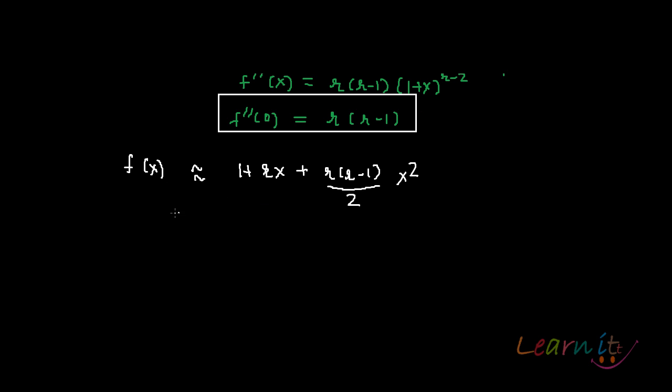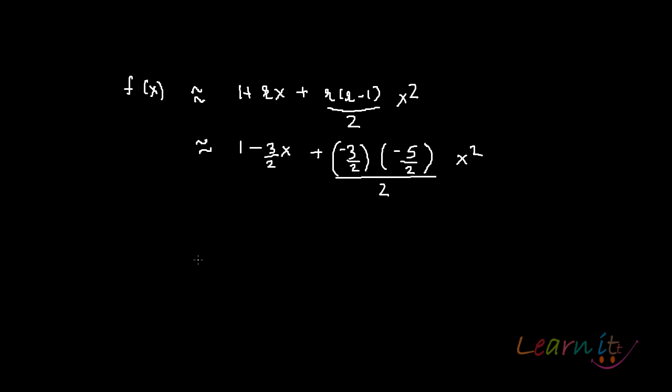So, now feeding in the values, I get 1 plus rx. So, what is r? r is minus 3 by 2. So, 1 minus 3 by 2 x plus minus 3 by 2 into (minus 3 by 2 minus 1), which will give me minus 5 by 2, whole by 2, into x square.